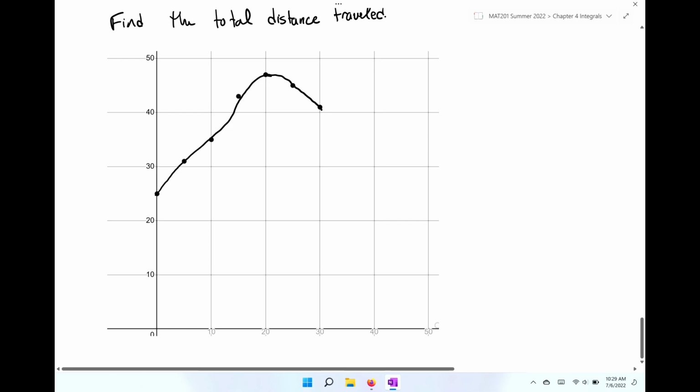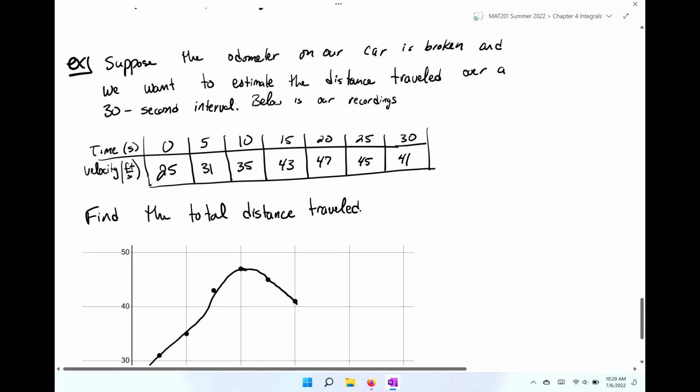All right. Now, if we wanted to, we can do this any way that we want. But the problem here says we want to estimate the distance traveled over a 30-second time interval. And notice that the time interval is always 5 seconds. Now, if we relate distance equals velocity multiplied by time back to something we know, which is the area under the curve, the area under the curve is just going to equal our velocity, which is going to be the height, multiplied by, in this case, delta t, which is our change in time.